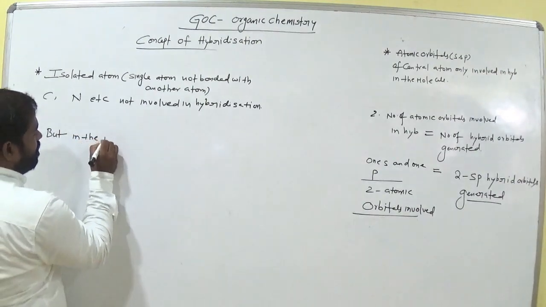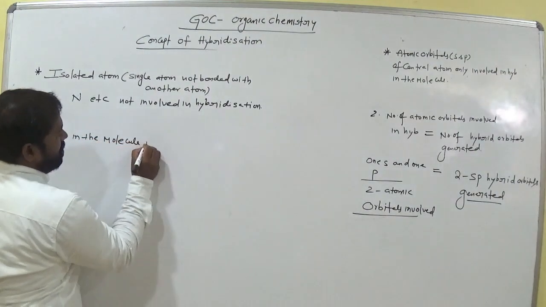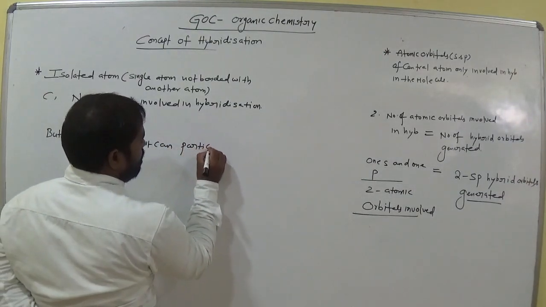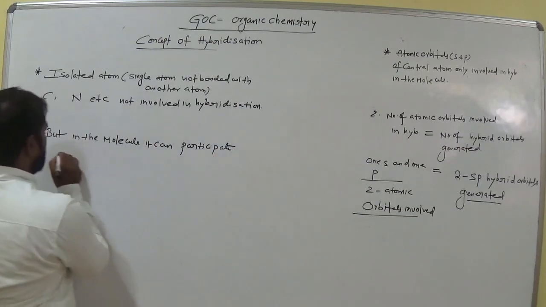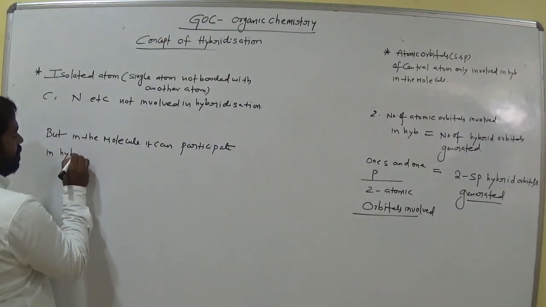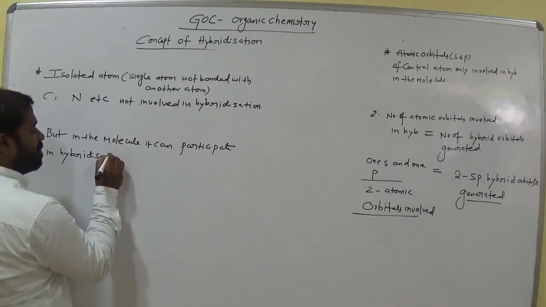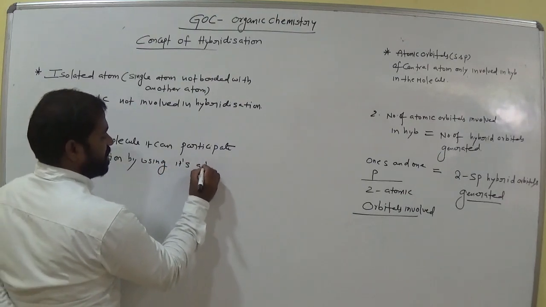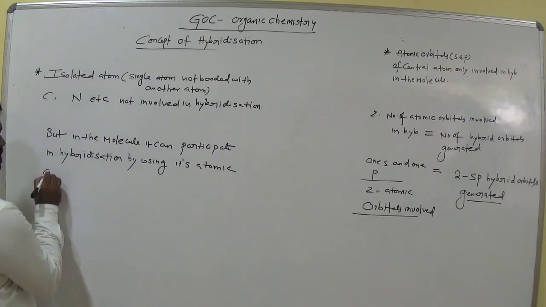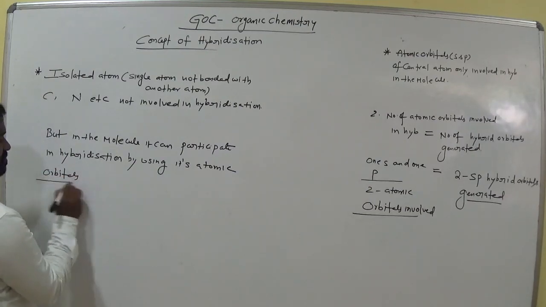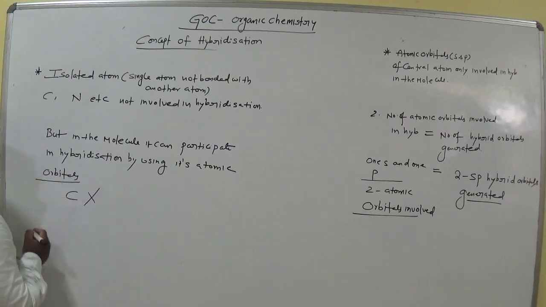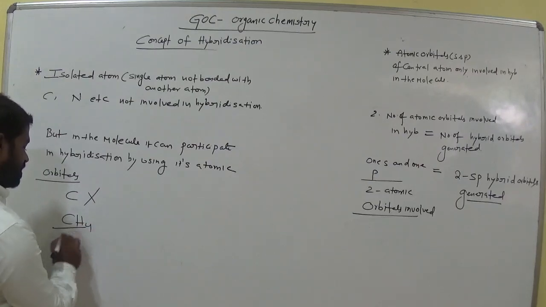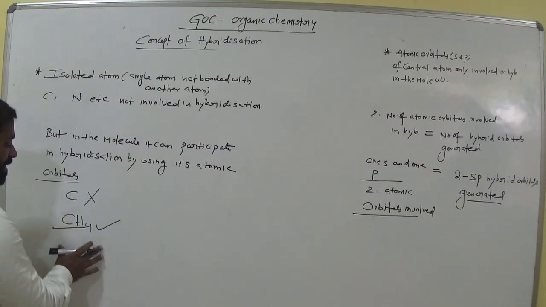In the molecule, it can participate in hybridization by using its atomic orbitals. Only carbon does not participate, but in the molecular formula, CH4 is a molecule, am I right? In this case, it can participate in hybridization.